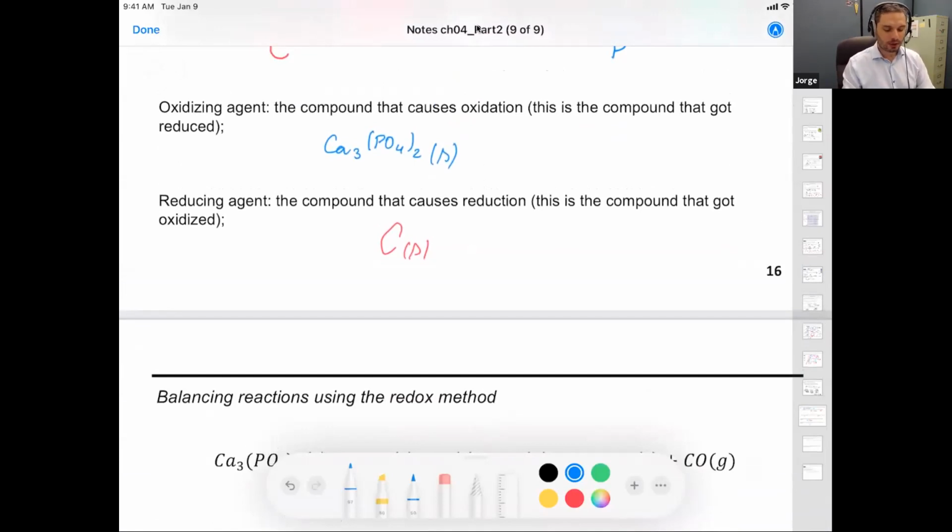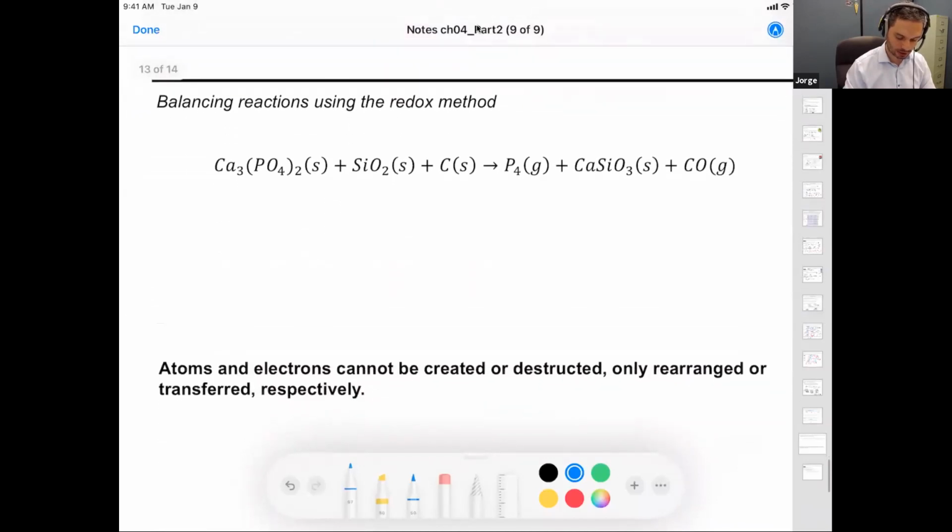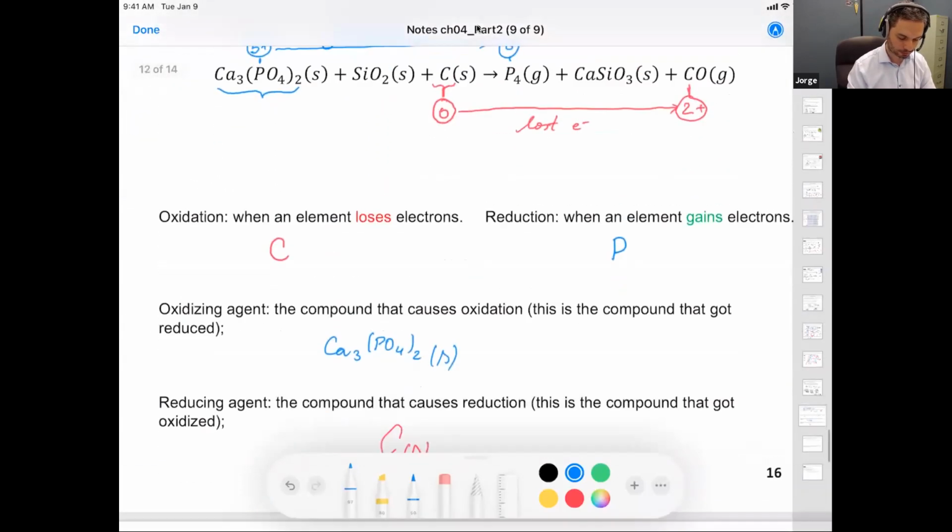Knowing the number of electrons that were lost or gained, we can use that to balance reactions. So you don't have to guess numbers. You can use oxidation numbers to balance reactions. So let's see how that works here.